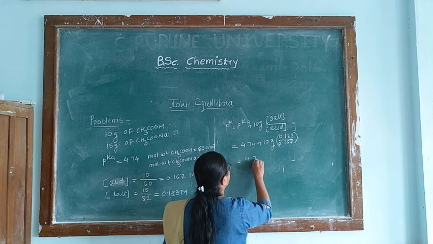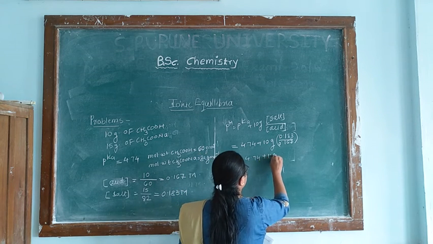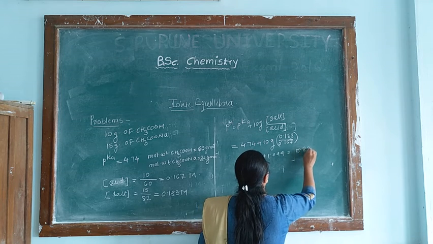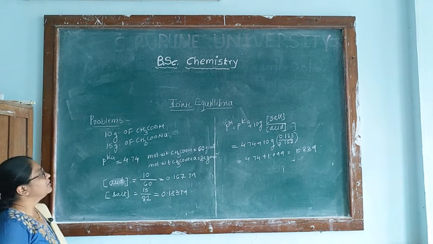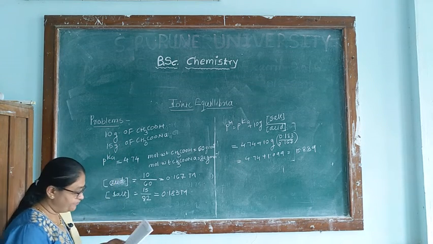So 4.74 plus 1.099 comes out to be 5.839. So this is the pH of the buffer which is formed by mixing these two entities together.